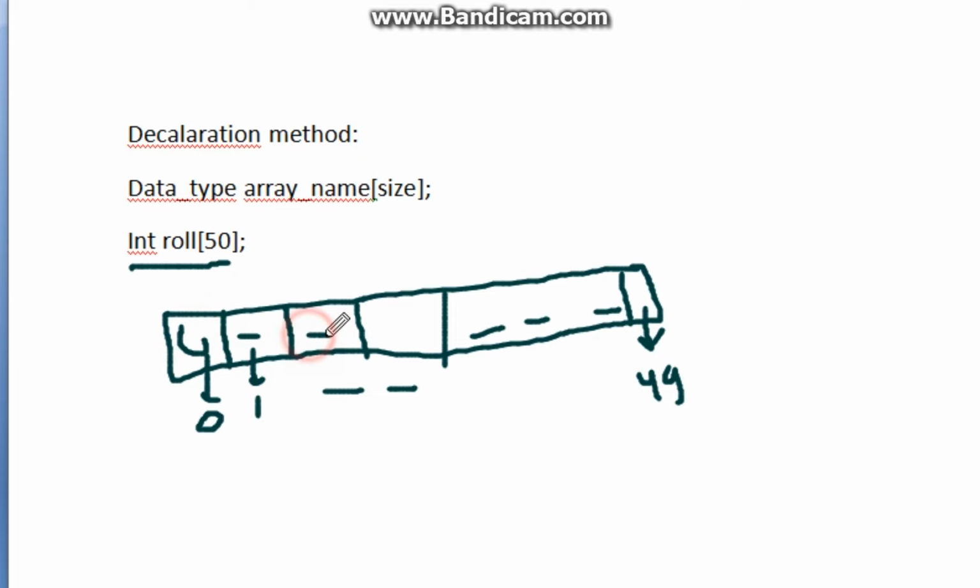So according to this line, what will be the name of this memory? Its name will be simply roll with index number 0. If I have to access this memory, then we will write this, and this will work as a simple primitive data type.